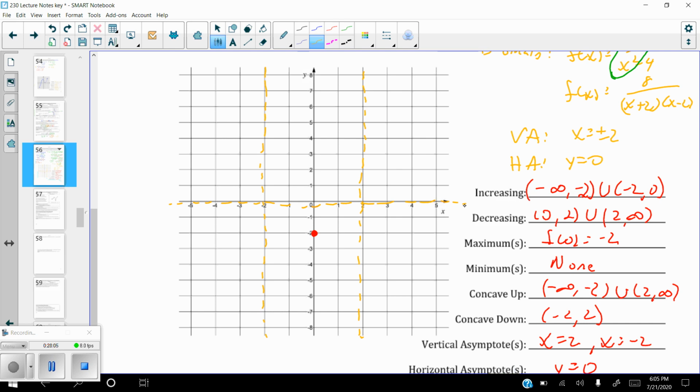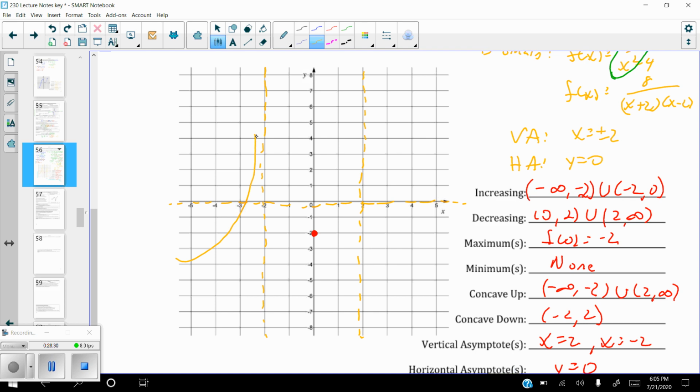So let's see here. We have that the function is increasing from -infinity to -2. You can plug in various points if you want to, but the function cannot start down here and then do this. Cannot do that, because if it does, it's going through the x-axis, and we don't have any x-intercepts here.